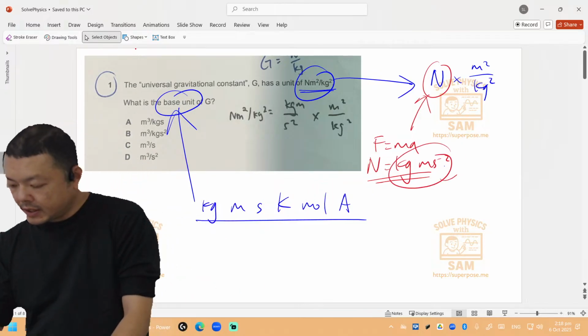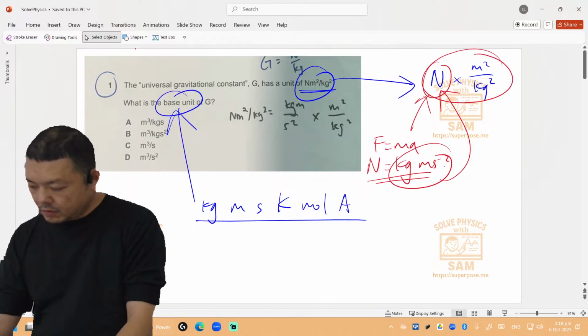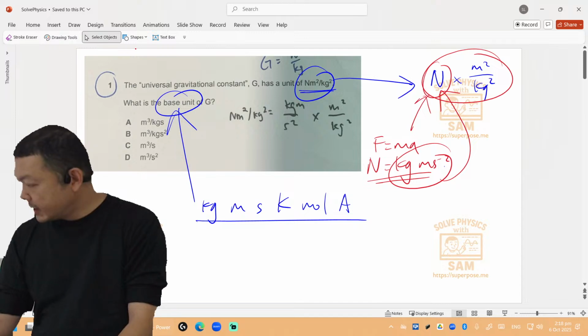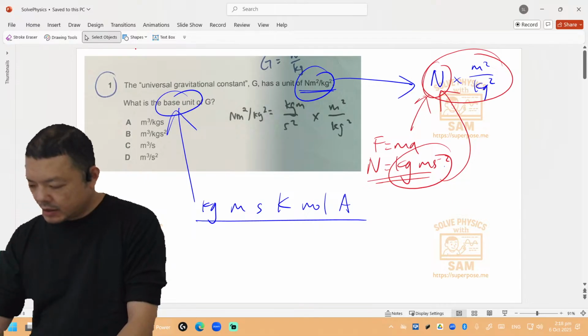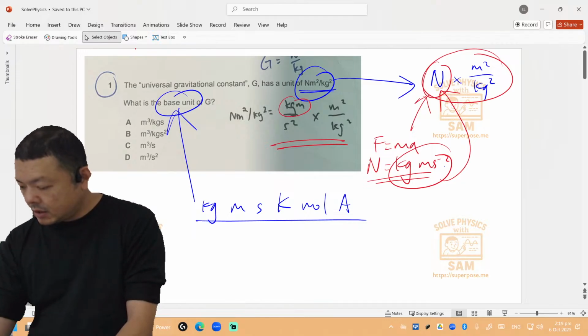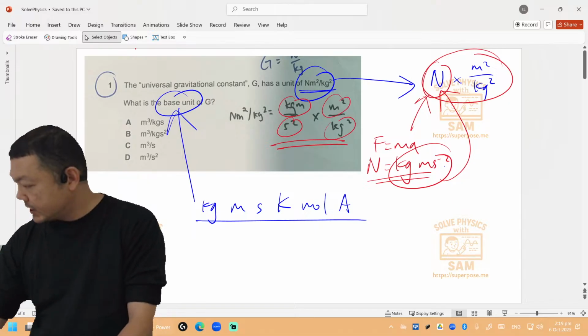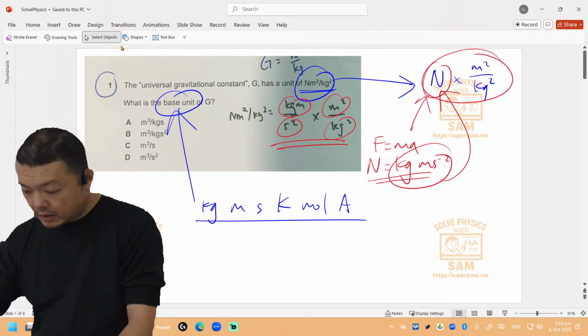So what we do is we take this, we put it inside here, and then we multiply them together. Okay? Yeah, that's how this is done. That's why your working looks like this. kg, meters per second squared, then the m squared times kg squared, and then you reduce it down, and I'm not too sure which option it is.